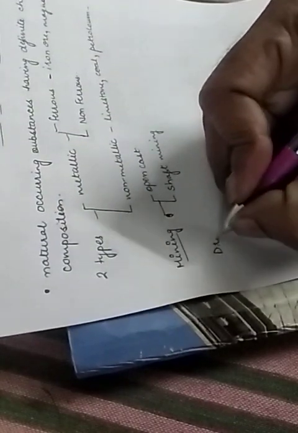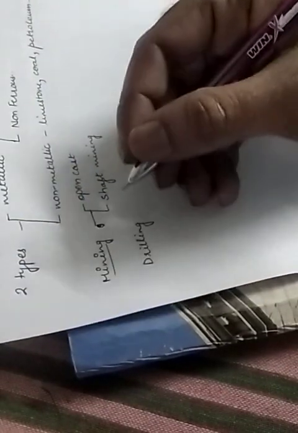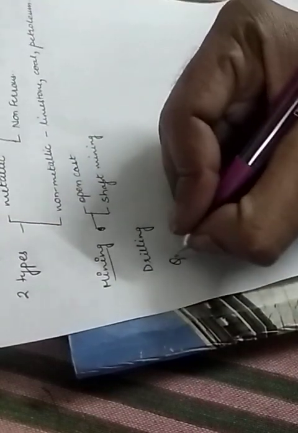Next is drilling. By making tunnels, we can extract metal. Quarrying, by simply digging.